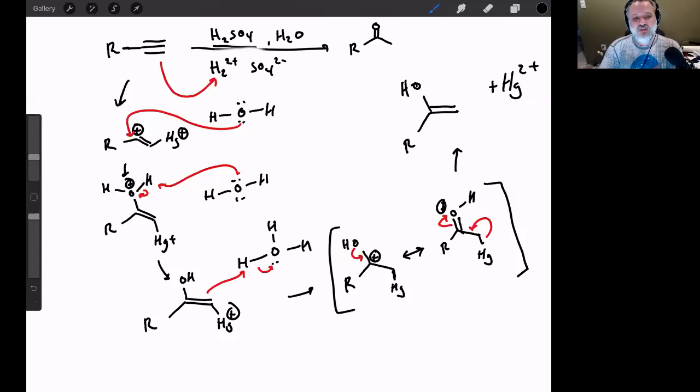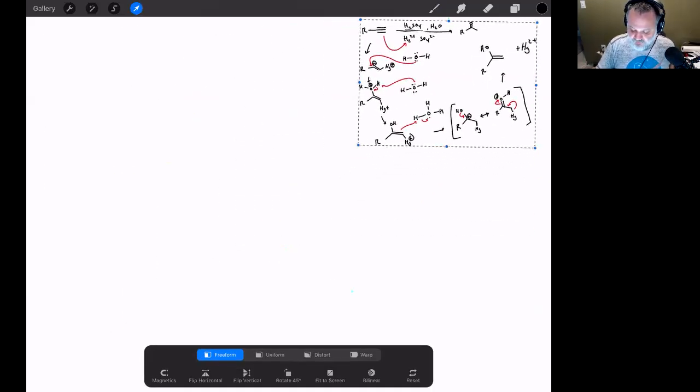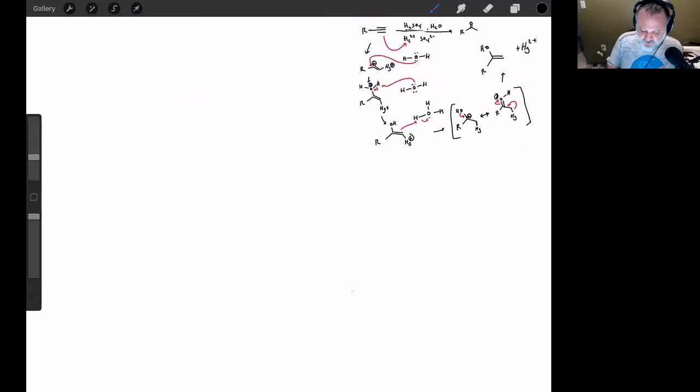And so at the end of the day, you're going to form this enol, but remember that the enol isn't isolatable. So what we want to do is take that enol and find out how that enol transforms into the ketone. And this is where this idea of tautomerization comes into play.